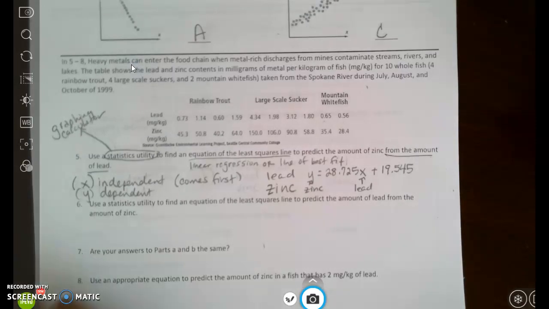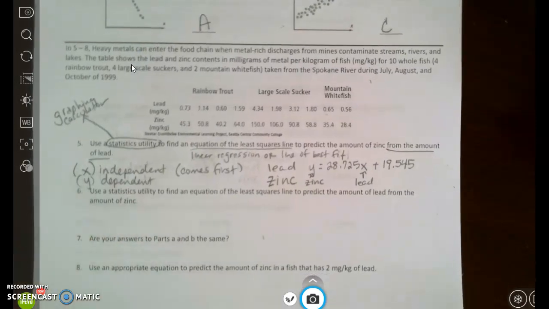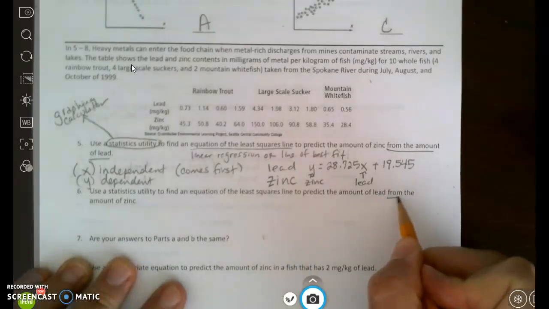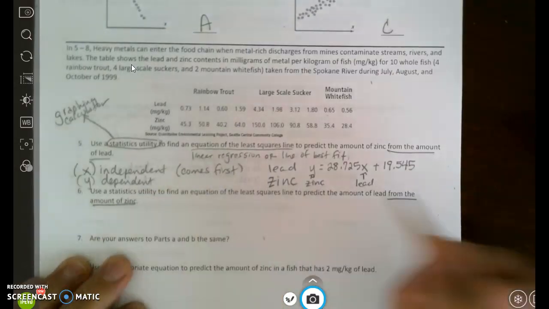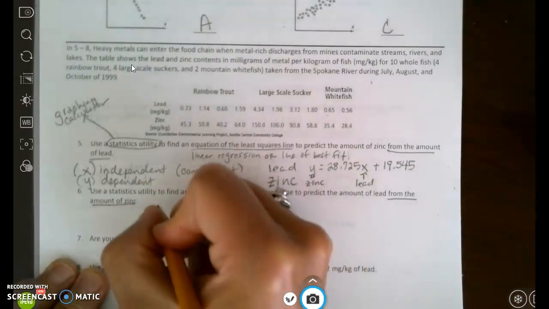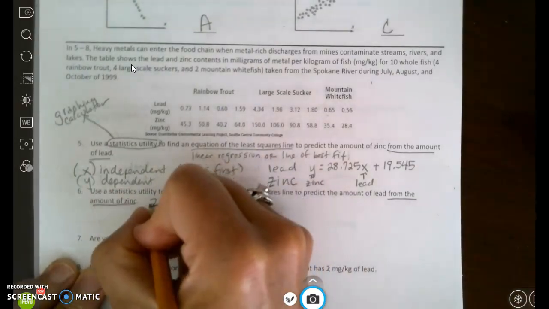All right, so now it asks us to use a statistics utility to find an equation of the least squares line to predict the amount of lead from the amount of zinc. So from the amount of zinc. So in this instance, zinc comes first.